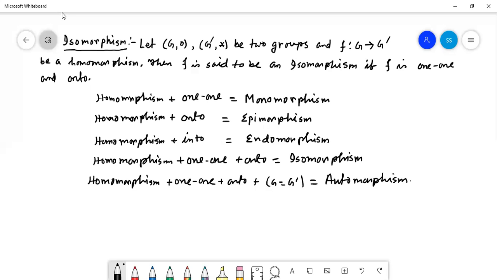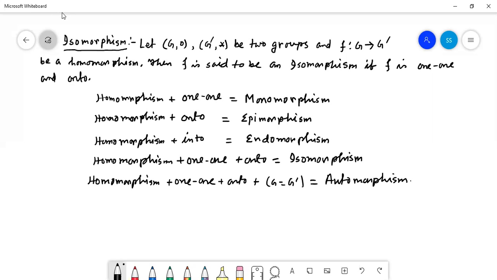Number 1, homomorphism, then monomorphism, then epimorphism, then endomorphism, then isomorphism, and lastly automorphism. So in case of automorphism, we can say that isomorphism plus G equal to G dash. Then it is the automorphism. Isn't it? So shortly we can remember this one, and only we have to remember the definition of homomorphism. Then we can automatically get homomorphism, monomorphism, epimorphism, endomorphism, isomorphism, automorphism. All those morphisms will be covered.